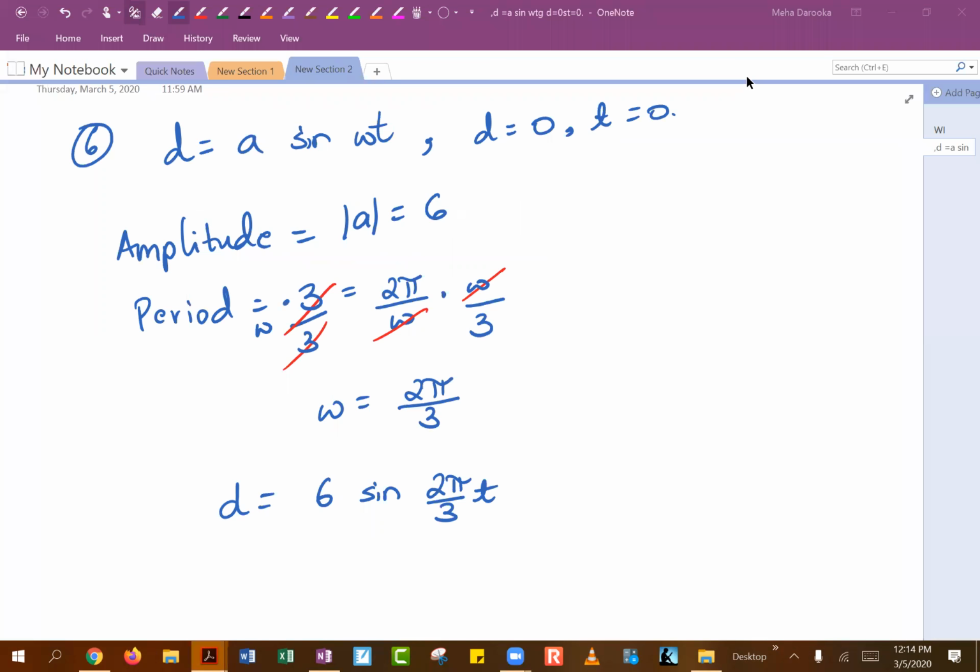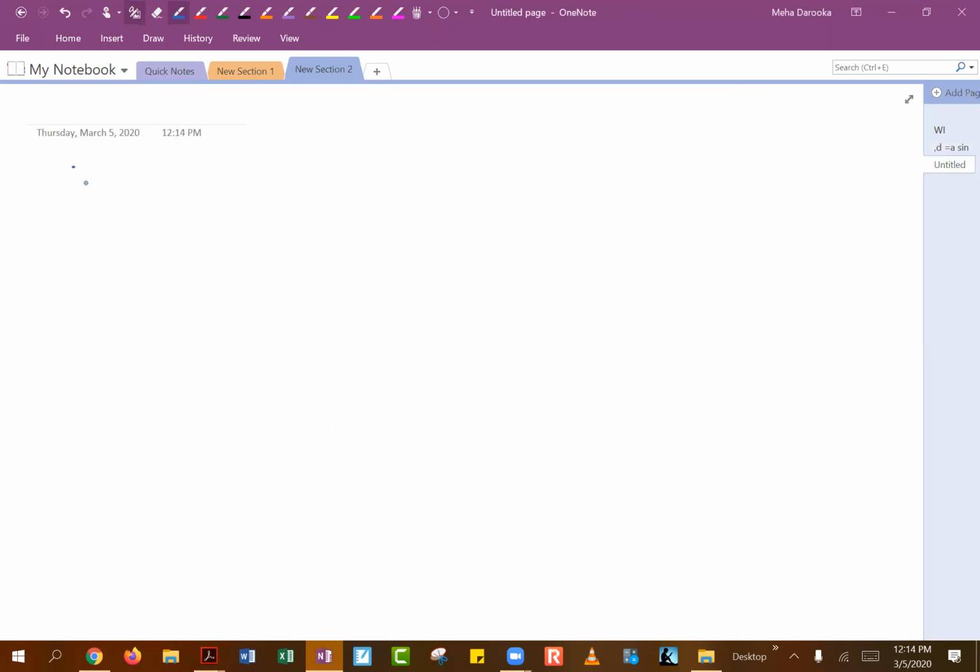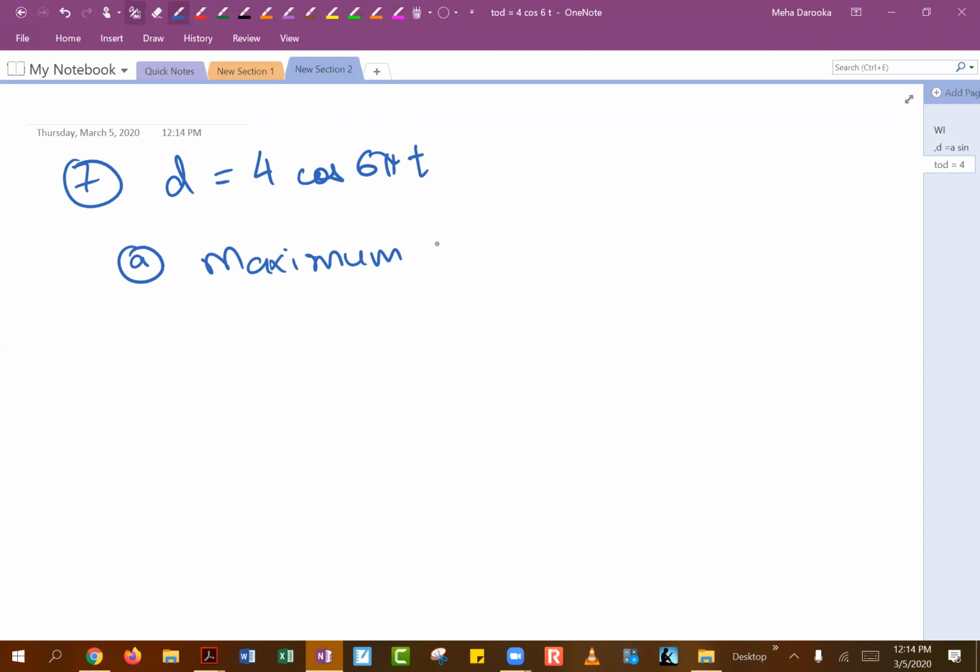So what are we going to have as our maximum displacement here? Because that's coming from your amplitude, right?